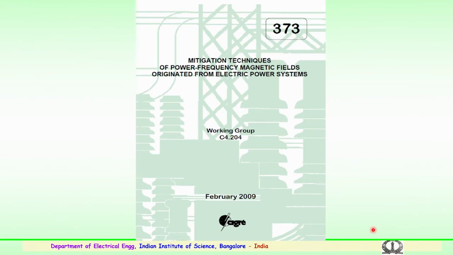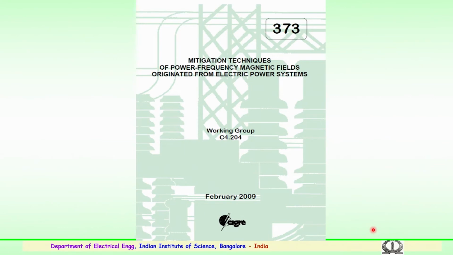Several mitigation techniques are also being standardized for the power frequency magnetic fields which normally originate from electric power systems. There is a CIGRE working group, the international council for large high voltage systems, which works towards the standardization of equipment related to very high voltage aspects.